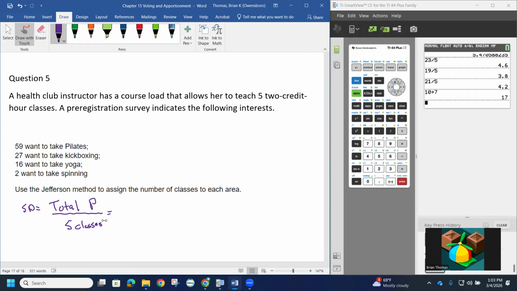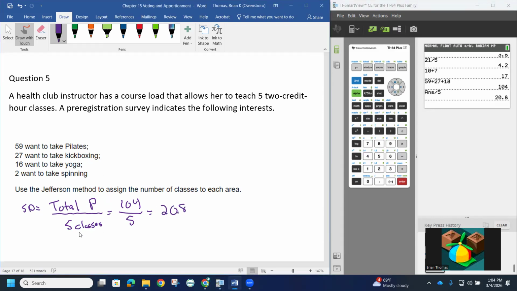Now, we still have some math to do because we have to add up all the people interested. Looks like 16 plus 2 is 18, so that looks okay. So I have 104 in the population, and we're going to divide them into classes, if you will. If we divide that by 5, we get our standard divisor. Looks like it's 20.8.